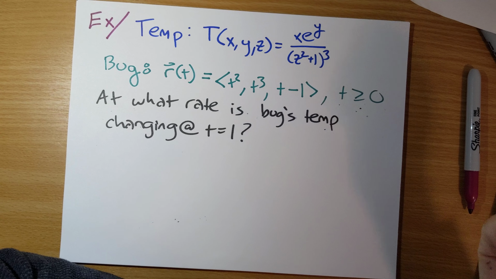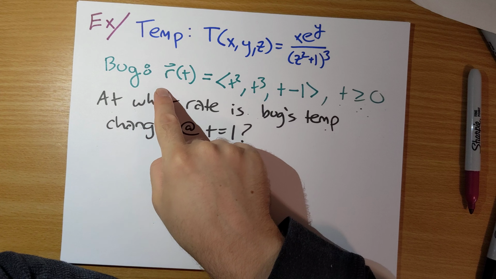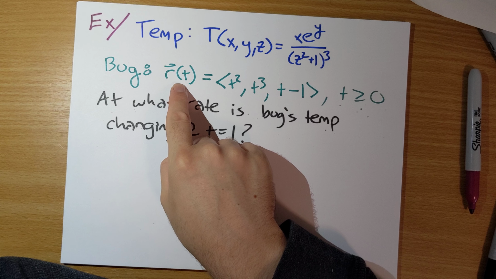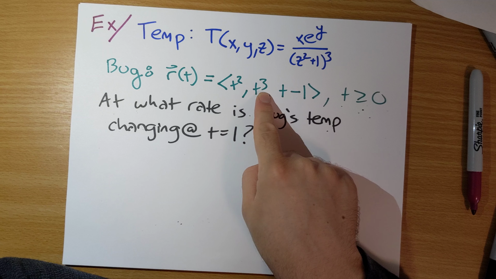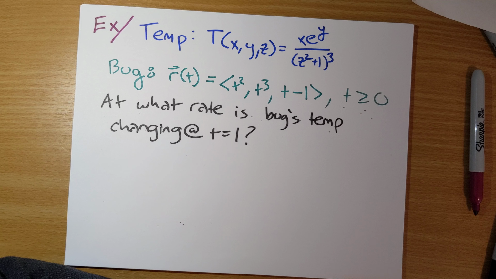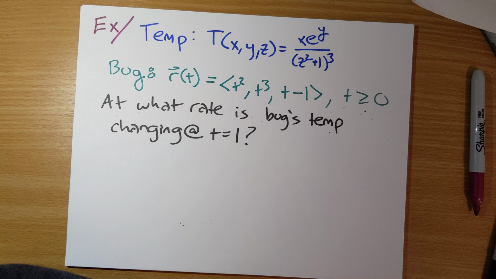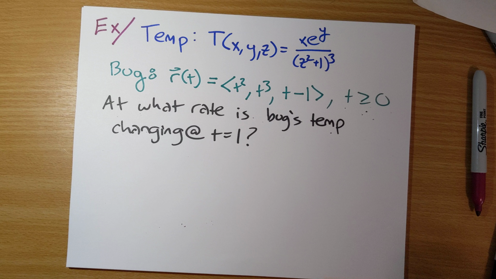I specifically chose a bug so I can fly around the room and move in 3 dimensions. The position for the bug as a function of t is given by the vector t squared, t cubed, t minus 1, for t greater than or equal to 0. So the question is, at what rate is the bug's temperature changing at time t equal to 1?